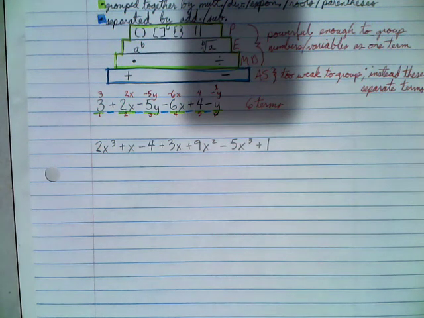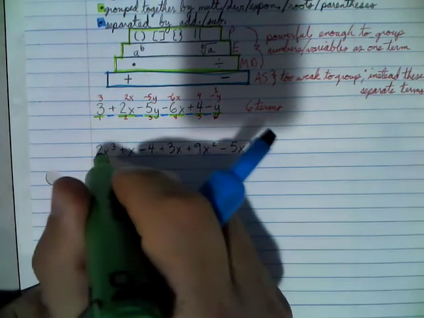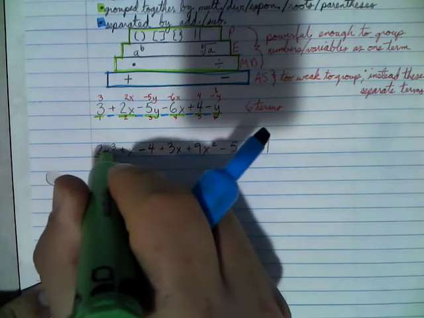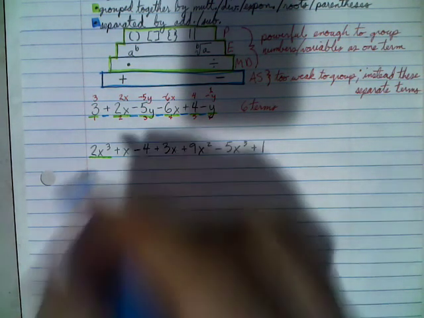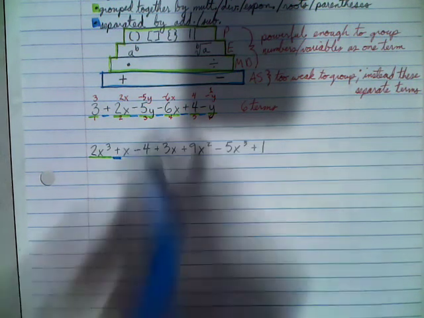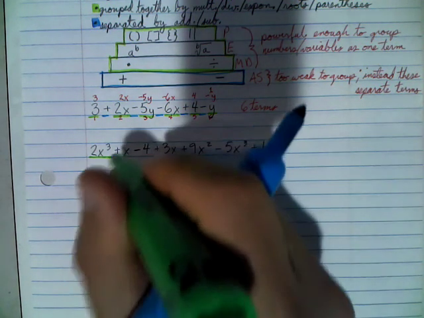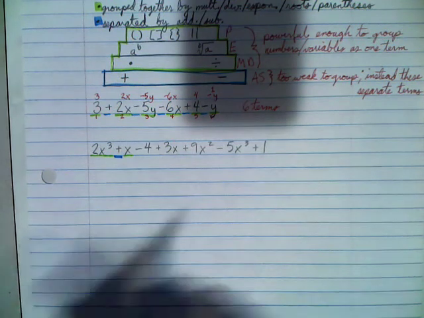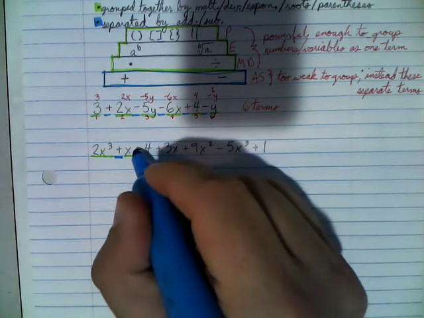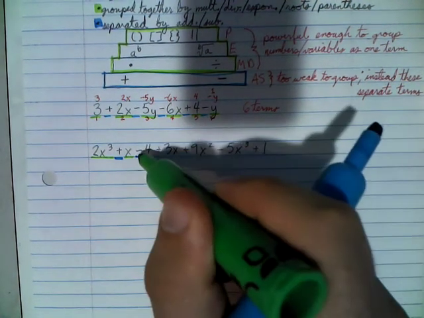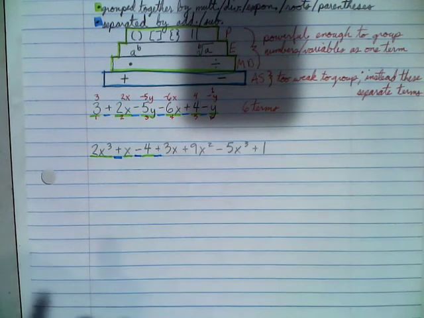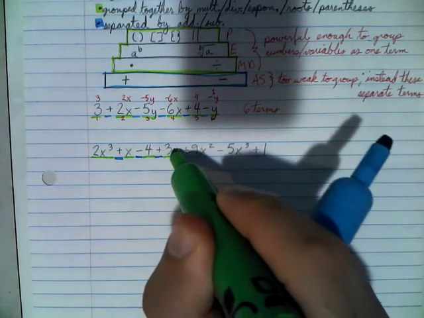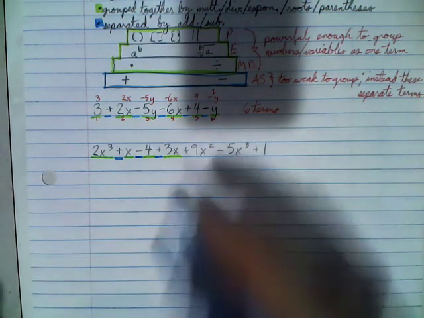So just to help me out, I'm going to go back and forth here. So I've got my 2 times my x with an exponent 3. Those are all part of the top 3 layers, so that's one term. Then I hit this plus, so that's separating. X is all by itself, because then I have a minus. 4 is also all by itself, because then I have a plus. Then I have a 3 times x, so that's part of the same term.